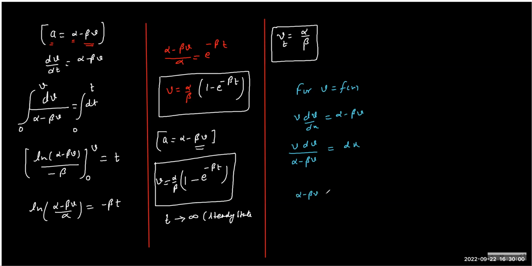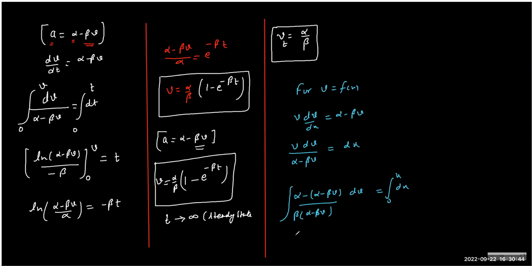So I can write it as alpha minus beta v minus alpha, dv upon beta into (alpha minus beta v). See, is it the same question, right? Do you realize the LHS is the same question? Because the numerator is still beta v, and beta below will cancel out, so it's v dv by this.